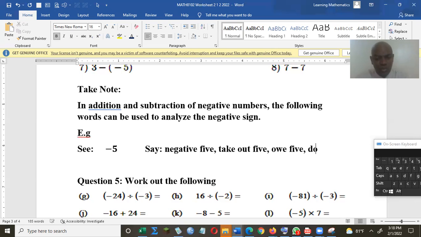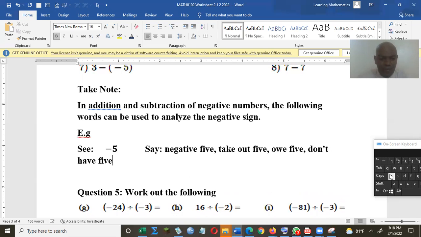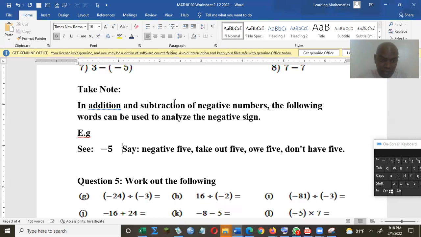You can even say don't have 5. And you can say many more. Please bear in mind, for addition and subtraction, don't forget.